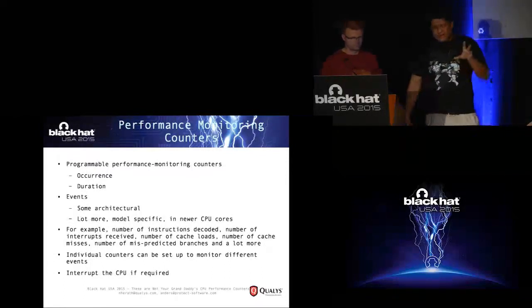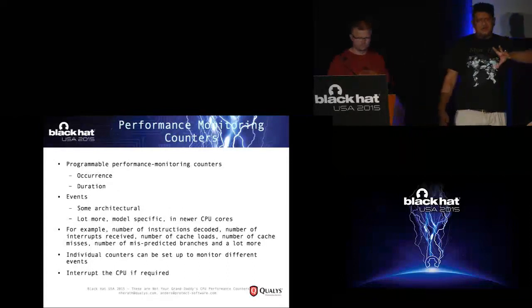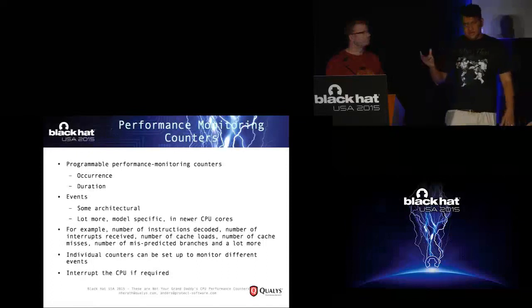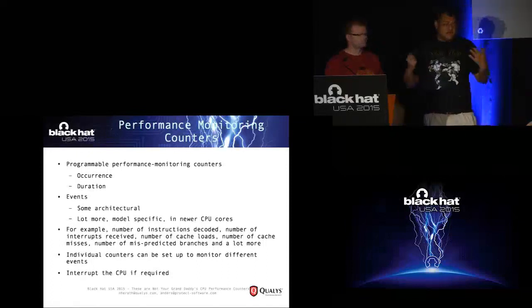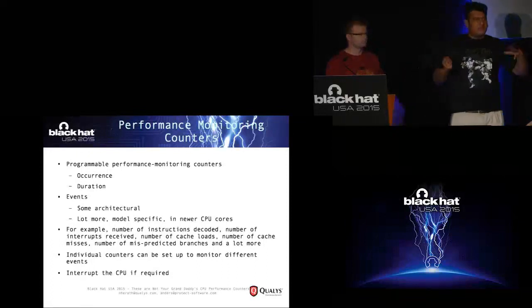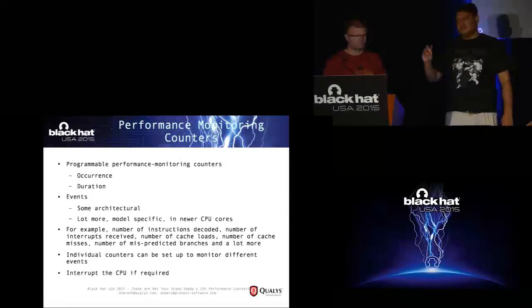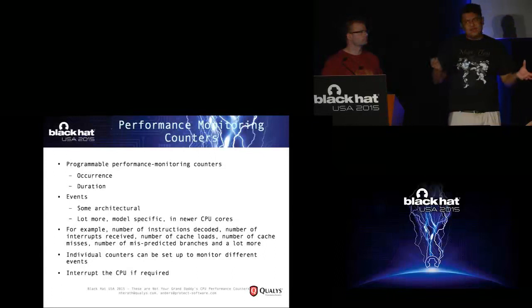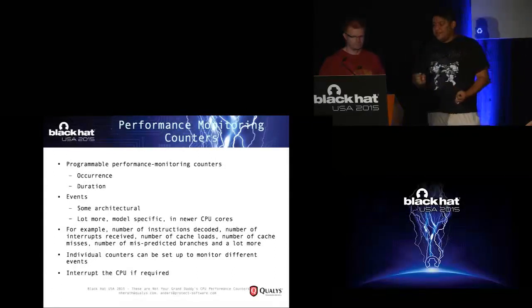But in general, what Intel has done these days is that there is a set of performance events that can be used with PMCs that are considered architectural events. So these are essentially part of the architecture and not considered model specific anymore. So the idea is that the architectural events are meant to be a lot more consistent than model specific events.